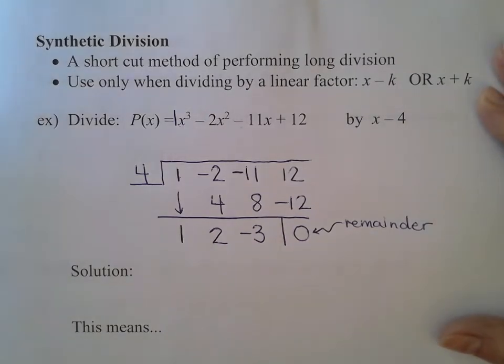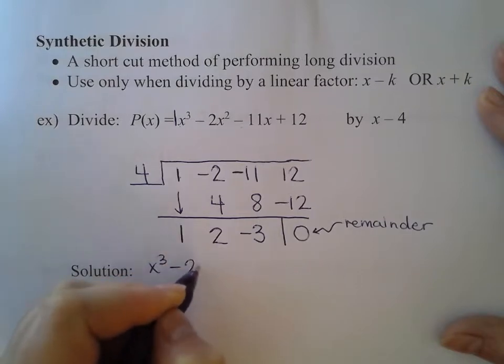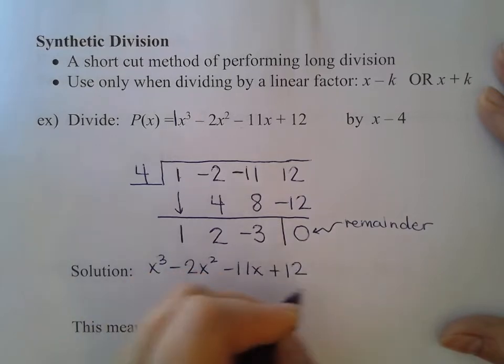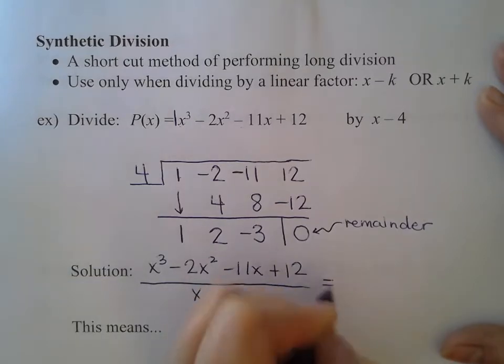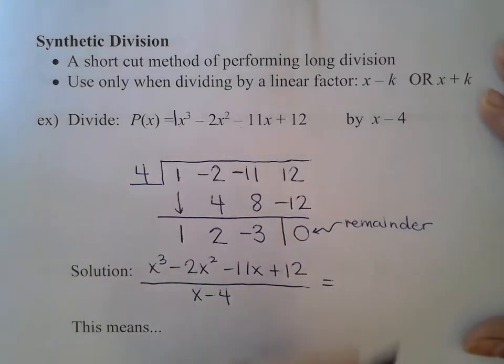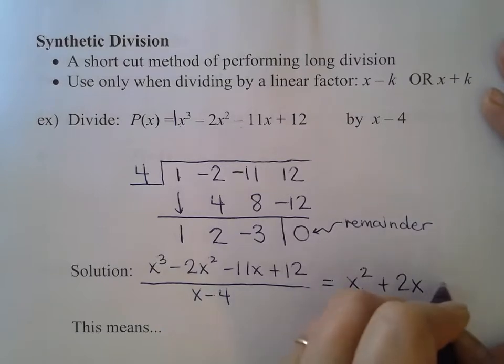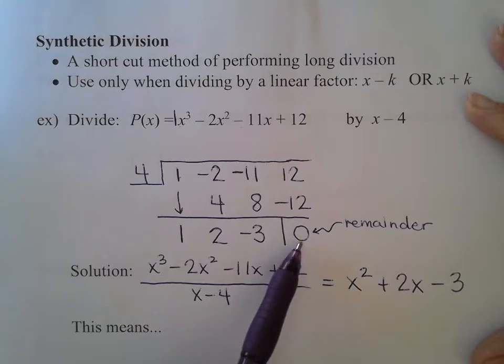Okay, so if we wanted to write out the solution, I'll just do it the same as we did last example. We're taking this polynomial divided by x minus 4, and the result that we get is 1x squared, I'm just going to write it as x squared, plus 2x minus 3. And just like before, we can use this because we have 0 remainder.